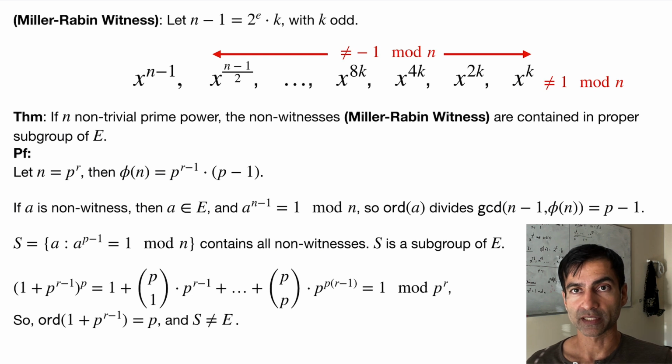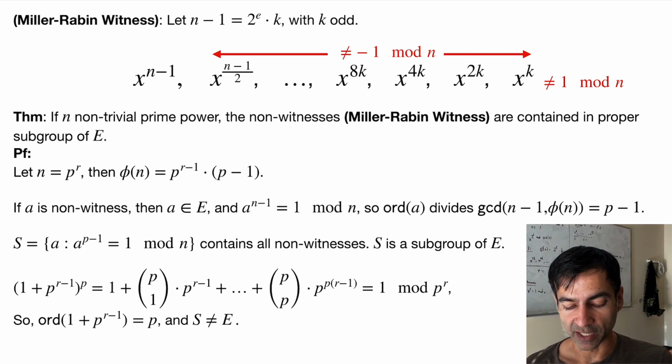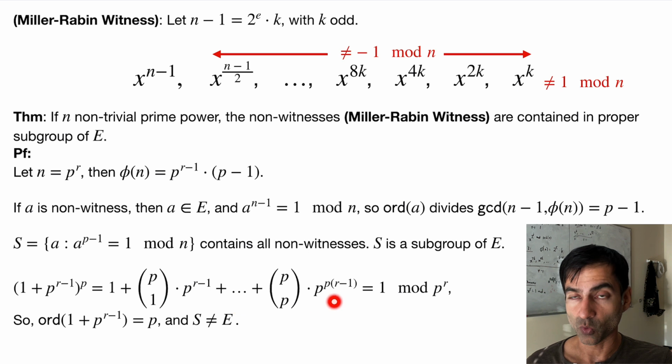And that you can do just by coming up with an explicit example. Consider this number 1 plus p to the power r minus 1. If you raise it to the power p, by the binomial theorem, what you get looks like this. And this expression I claim is 1 modulo p to the r. And that's because every one of these terms is 0 modulo p to the r.